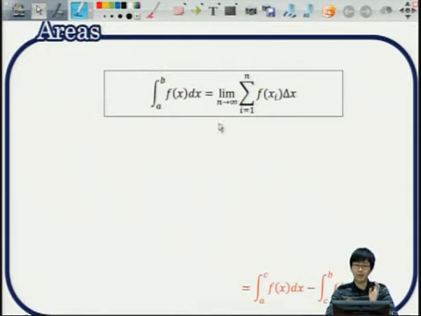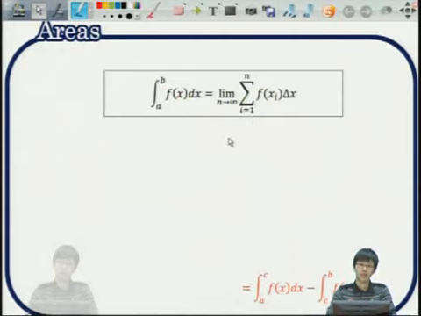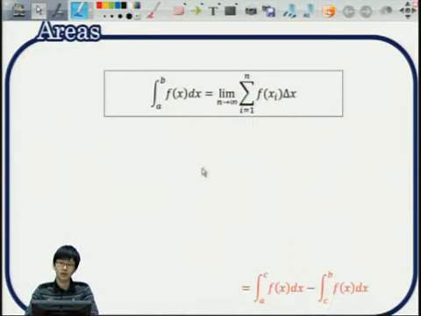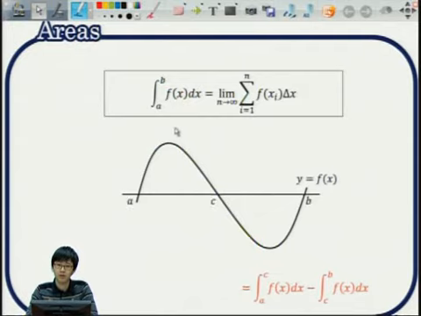This was on the last chapter, right? The fundamental theorem of calculus, right? So the easy way to calculate this was introduced here, and finally, we are going to learn about how these two are different.